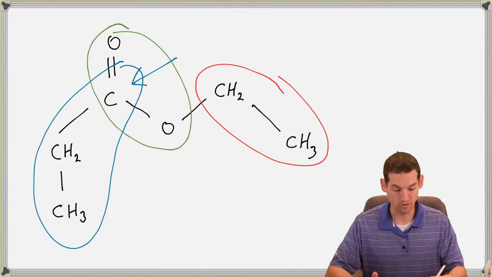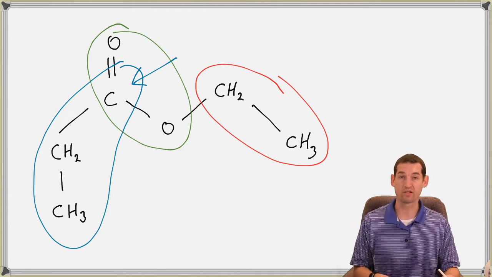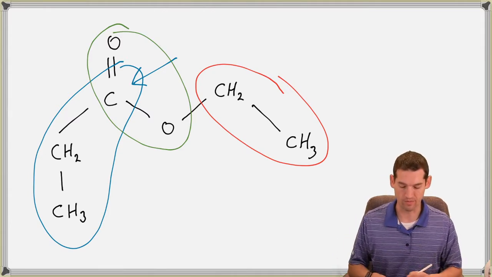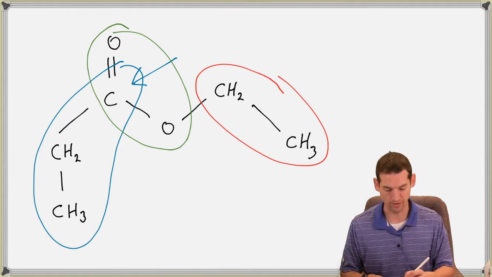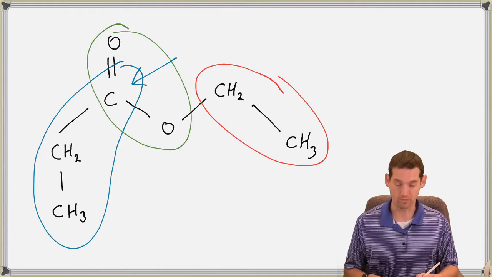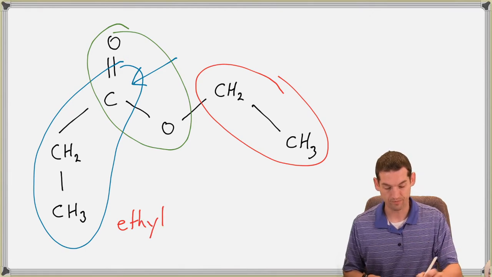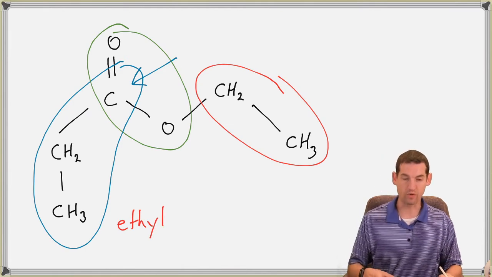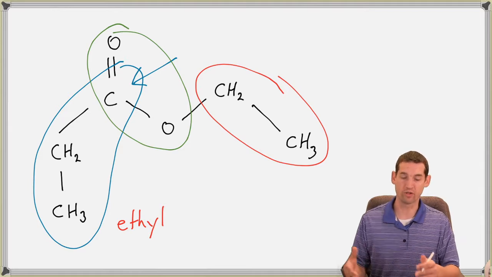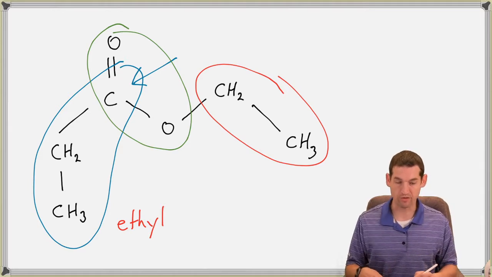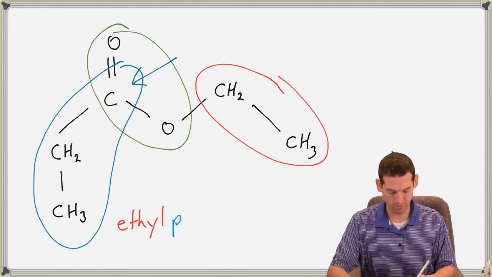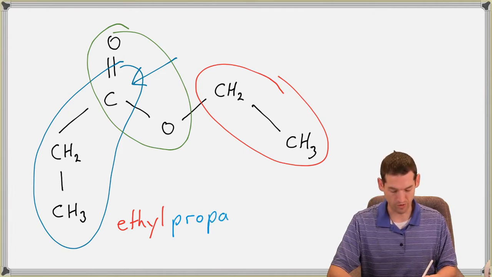Now, in order to write out our name, it's very similar to the convention we've been using so far. We have a 2-carbon branch, so that's an ethyl. And if we would have named the parent before, it would have been a 3-carbon, which is prop, and we would have called it a propanoic acid.